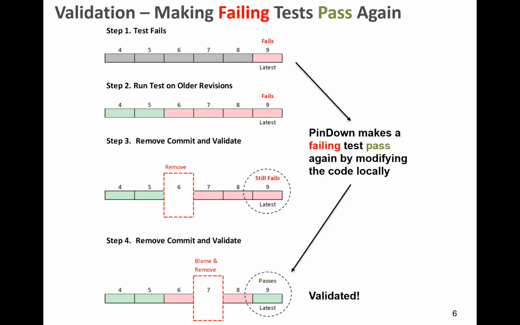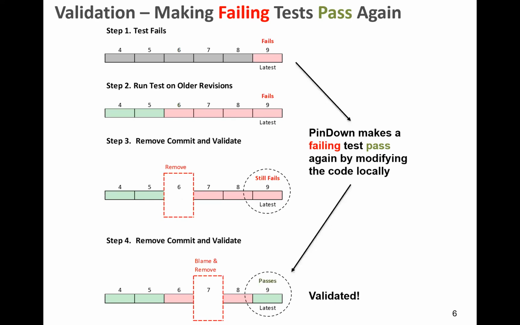And in this case, it passed, but, and now comes the big but for the dependency. What if 7 also failed? It could be that there was a problem in either 6 or 7, and there was a dependency between 6 and 7 so tight that when you separate them, it doesn't even compile. So what Pindan does then is it will try to back out both 6 and 7 at the same time.